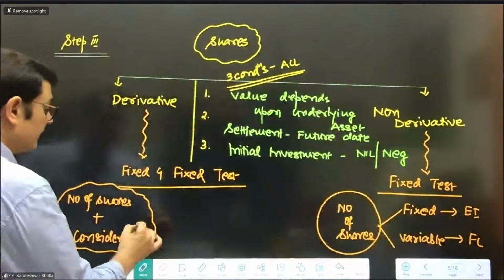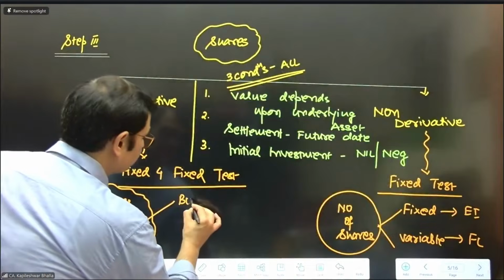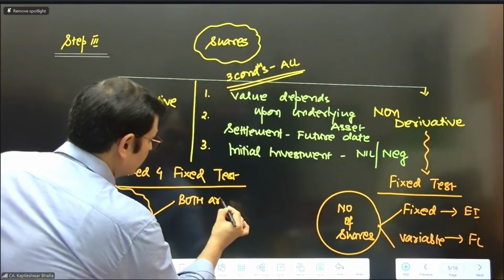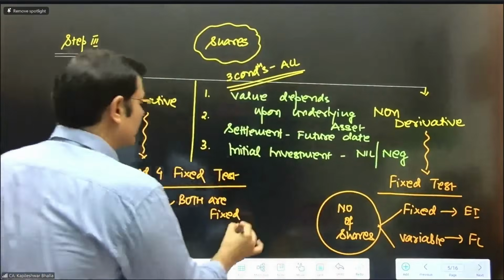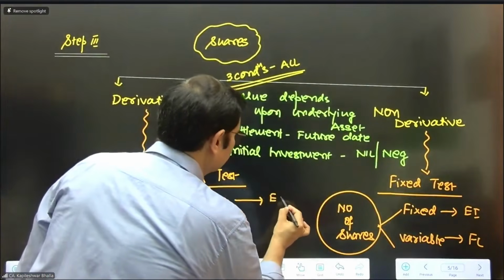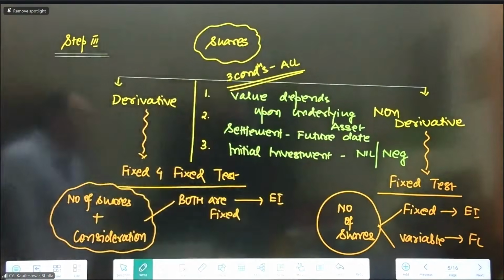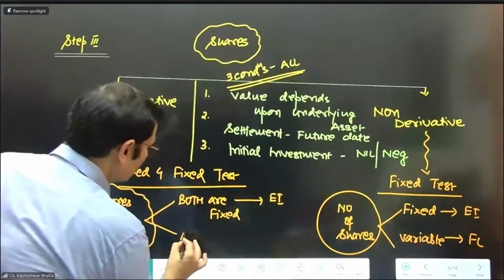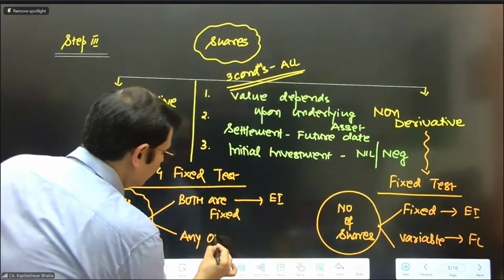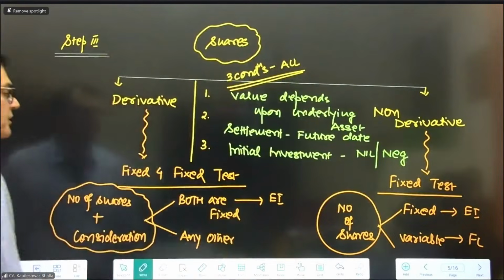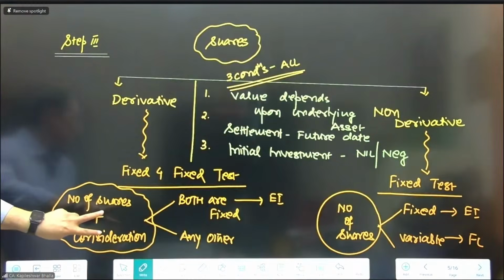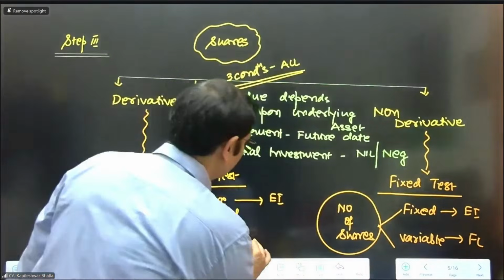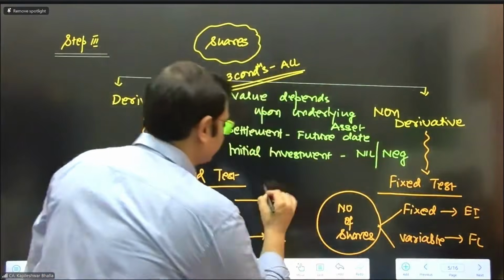If both the number as well as the consideration are fixed, it becomes an equity instrument. In any other combination, that means both variable, or one fixed and one variable, it becomes a financial liability.